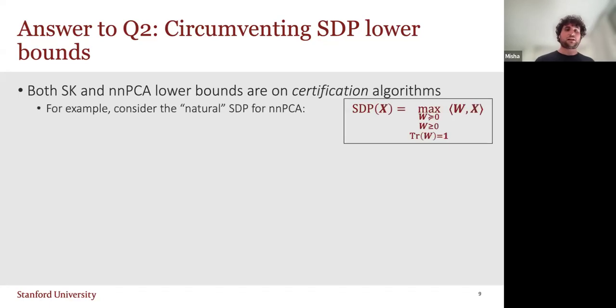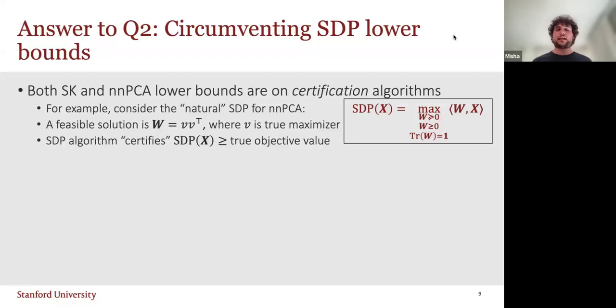To give an example, let's consider the natural semi-definite program for non-negative PCA. What is this semi-definite program? Well, it's saying, let's maximize over positive semi-definite matrices W, which also have all non-negative entries and trace 1. Let's maximize this inner product. Why is this useful? Well, a feasible solution is taking the true maximizer V and taking W to be VV transpose.